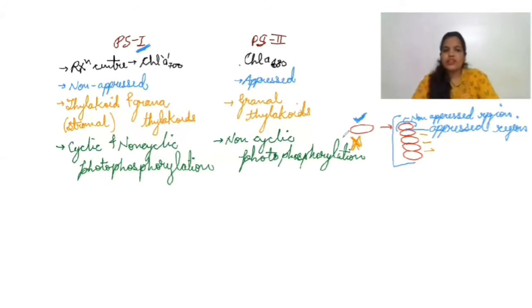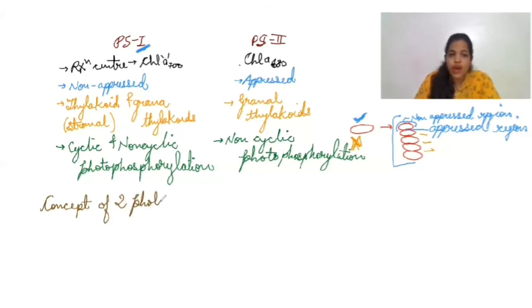Now, coming to these photosystems, who gave the concept of these two kinds of photosystems? So here we get another important point, the concept of two photosystems. Two photosystems means the one who gave the idea that we have two photosystems going on within the same plant.